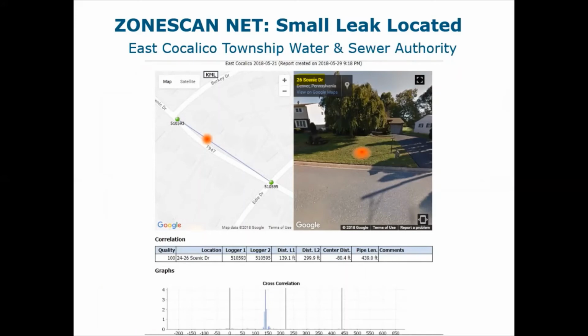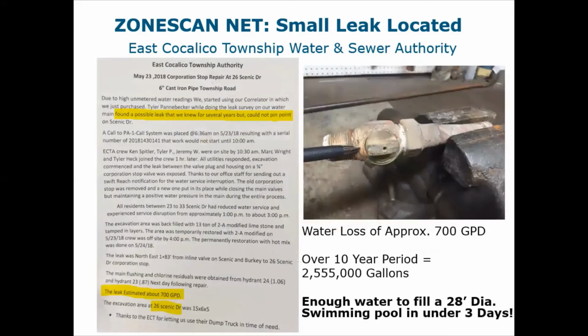And if you look at the report here, you can see, found a possible leak that we knew about for several years, but could not pinpoint. And then in the bottom left, the leak estimated about 700 gallons per day. And if you look at the picture on the right-hand side, you can see the pen pointing to the tiny little gap that was shooting water out of it.